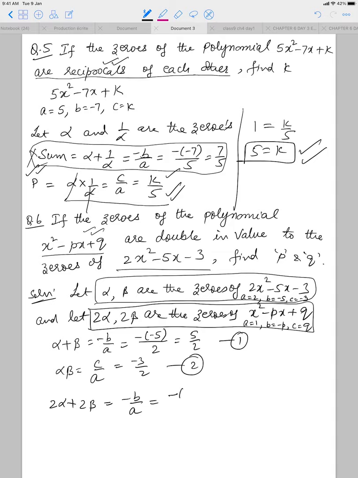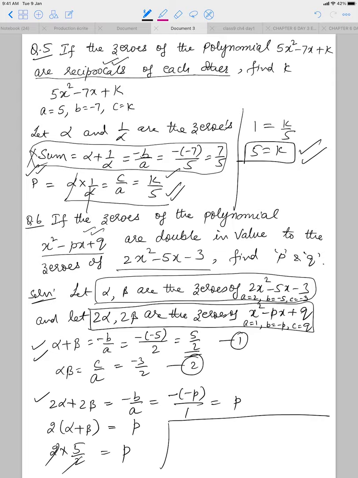So I'll get minus of minus p upon 1, that is equal to p. And now if you look at it carefully, if I take 2 common from here, alpha plus beta is left inside the bracket. And now what is alpha plus beta from here? It is 5 by 2. So twice of 5 by 2 is equal to p. That means p is equal to 5.